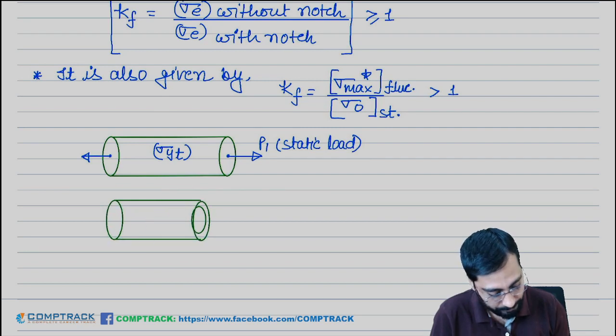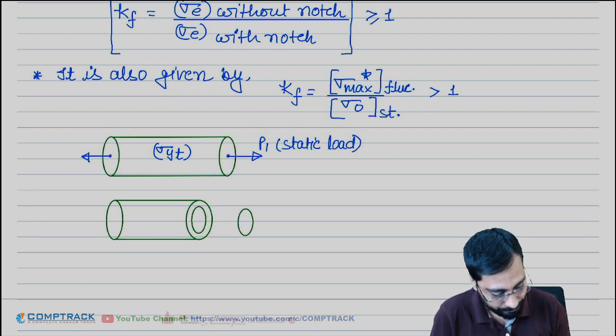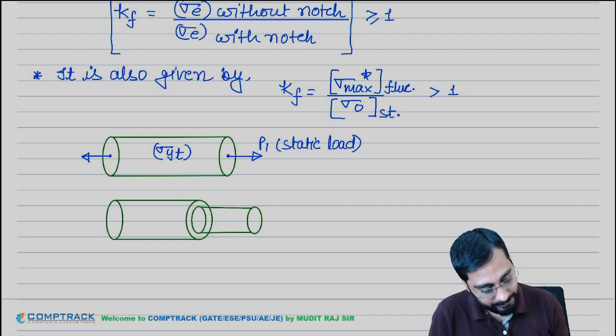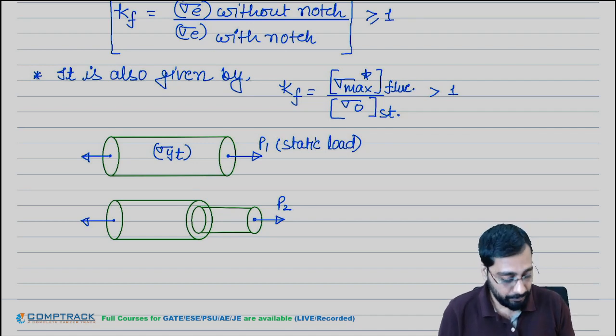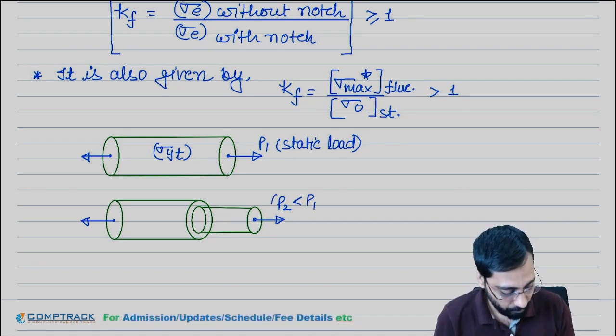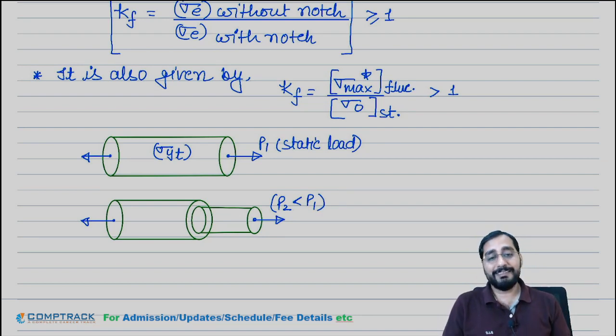When it becomes a stepped bar, its strength will reduce. It will fail at P2 load. Failure will start at P2 load, where P2 will be less than P1.